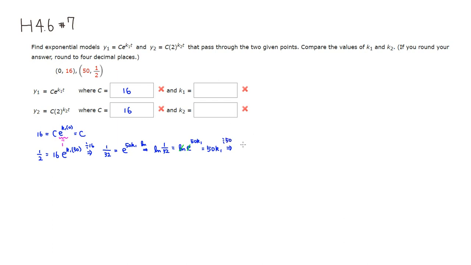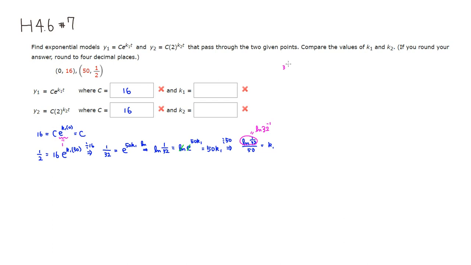So it's going to be the natural log of 1 over 32, all over 50, and that's equal to k1. One thing you can do is rewrite the natural log of 1 over 32. 1 over 32 is the reciprocal of 32, so you have the natural log of 32 to the negative 1. And what's 32?